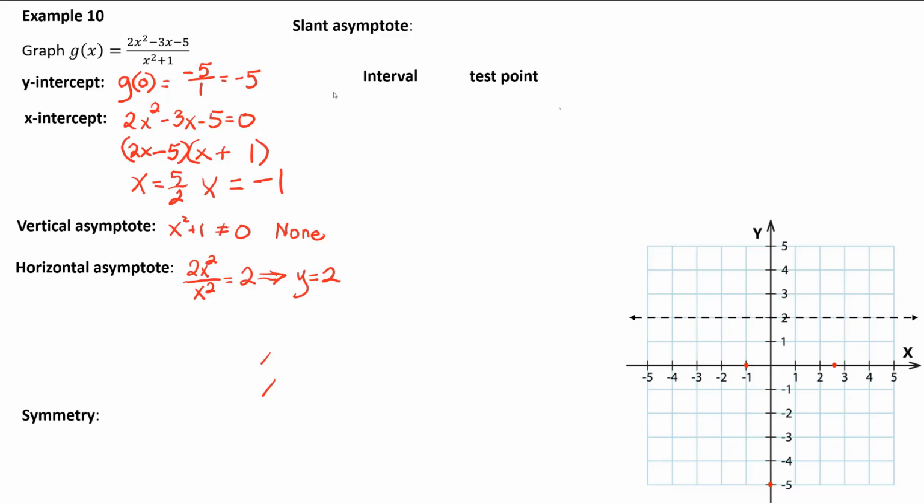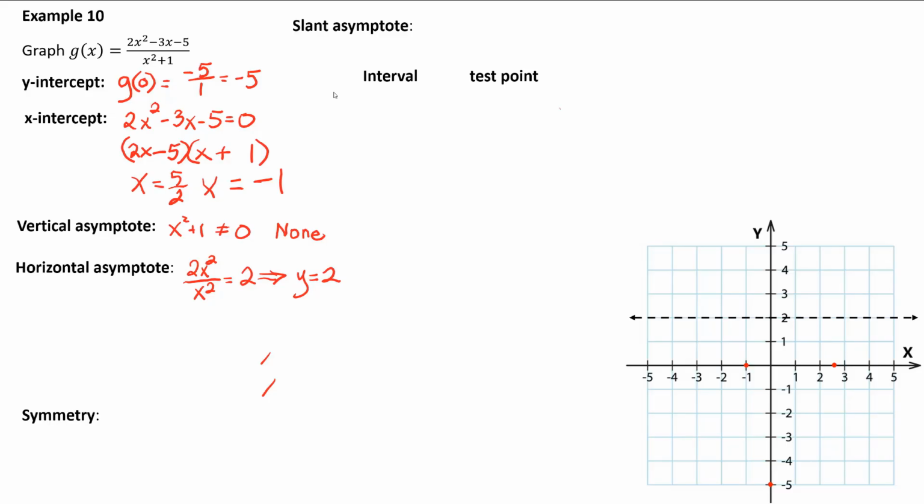And now that we know that there is a horizontal asymptote, we're going to ask the question, does the graph cross that horizontal asymptote? Because remember, the graph can cross a horizontal asymptote. It cannot cross a vertical asymptote. So the way to figure out if it ever crosses that horizontal asymptote is to see if this function can ever equal 2. If it can, then it'll hit that asymptote.